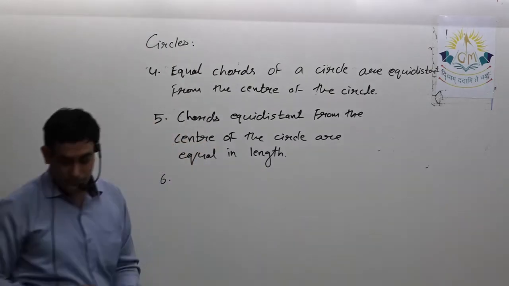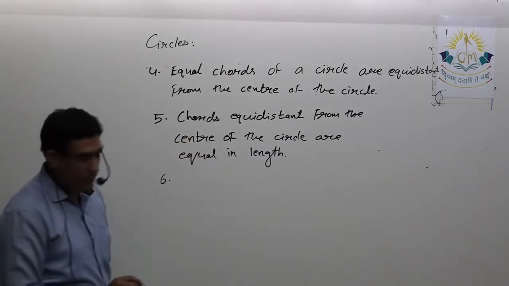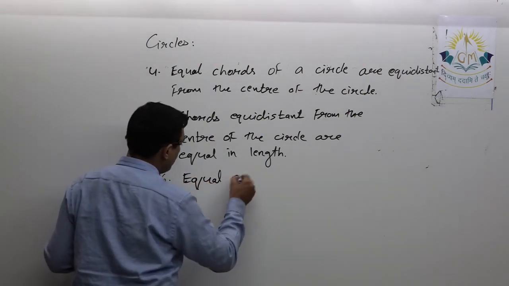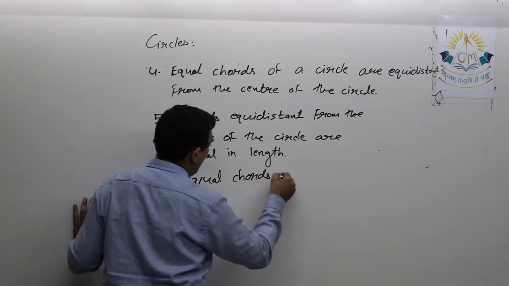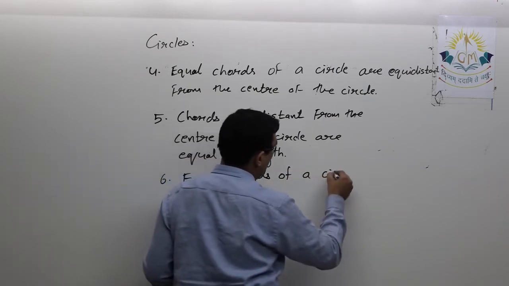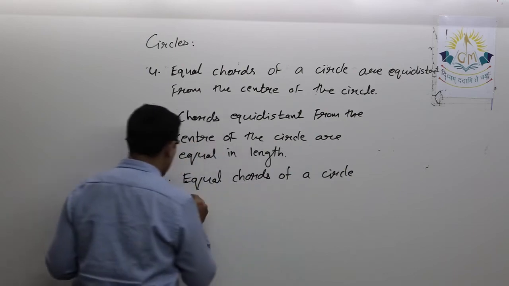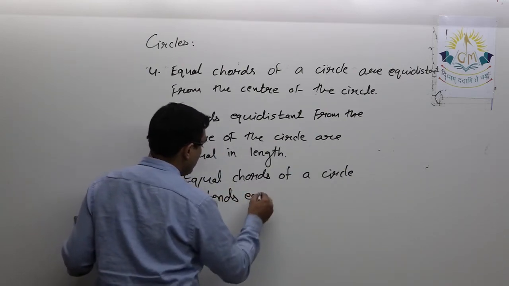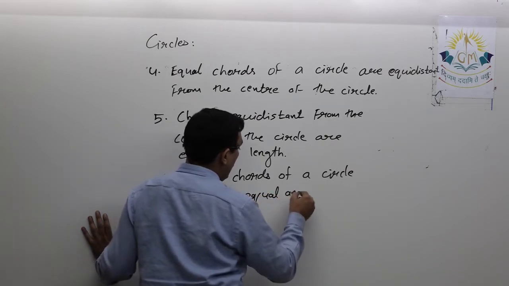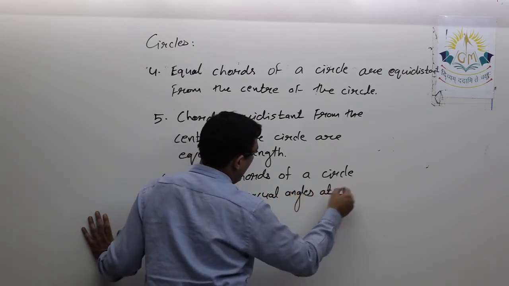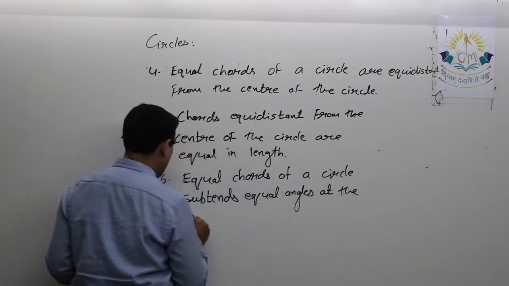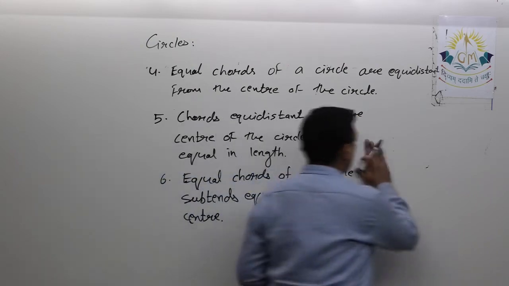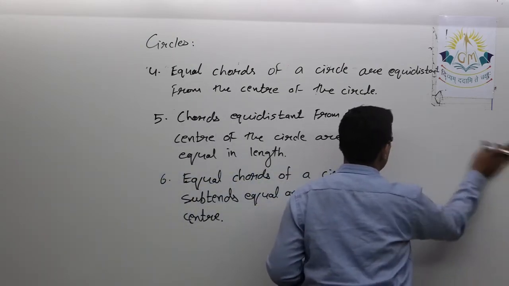The theorem is, equal chords of a circle subtend equal angles at the center.